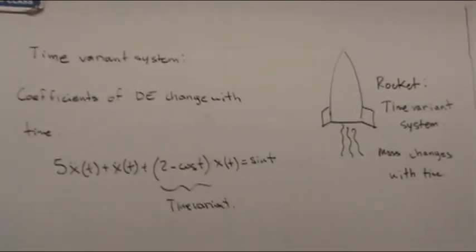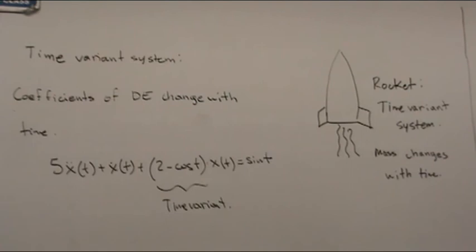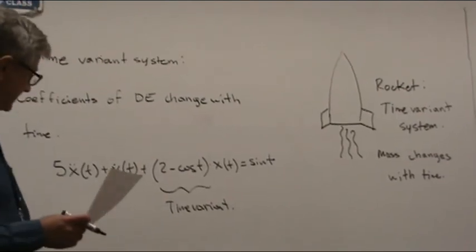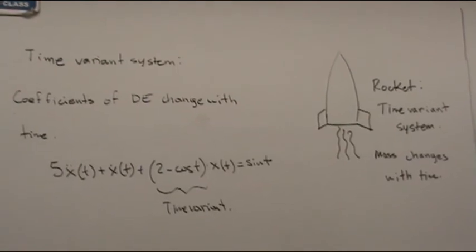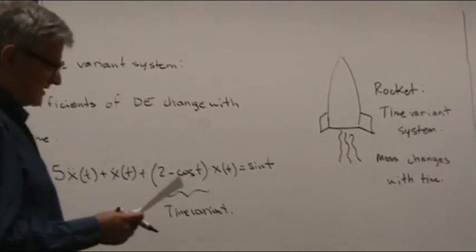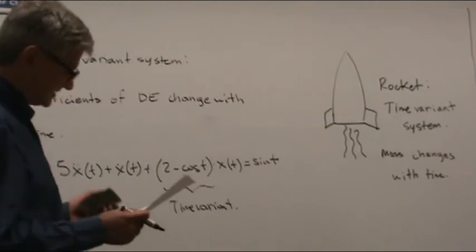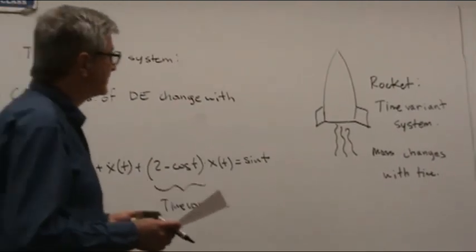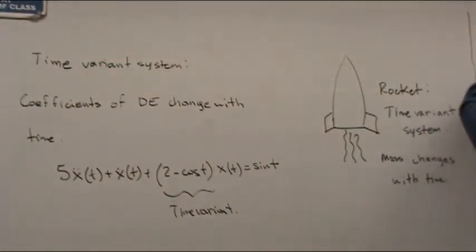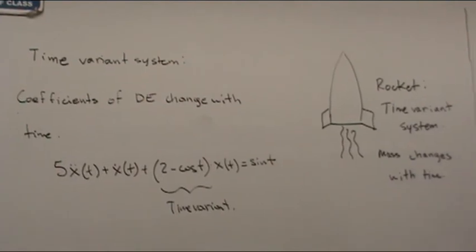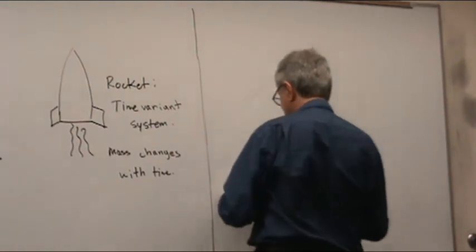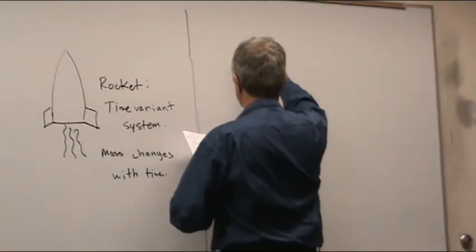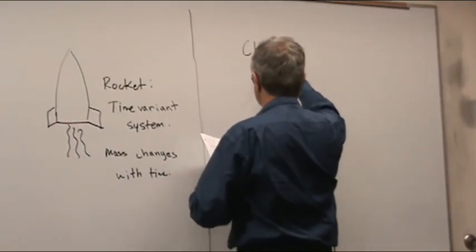Okay, the last part of classification of problems. We're not going to classify now the system itself, but the excitation. An excitation can be static or dynamic. So, classification of excitations.